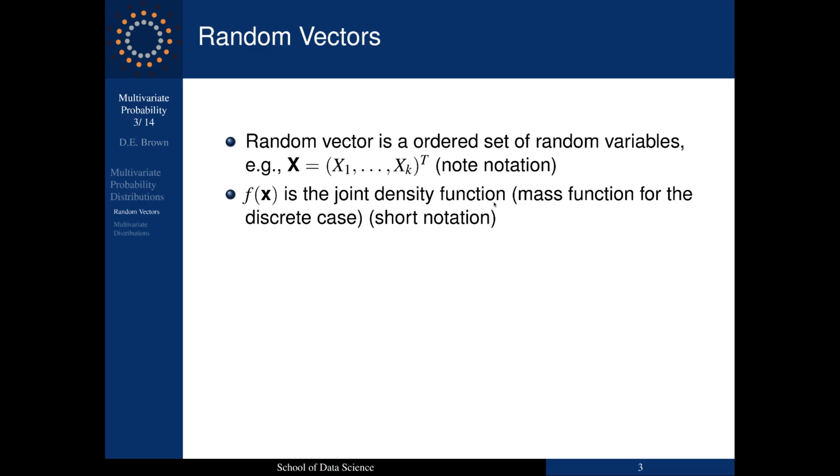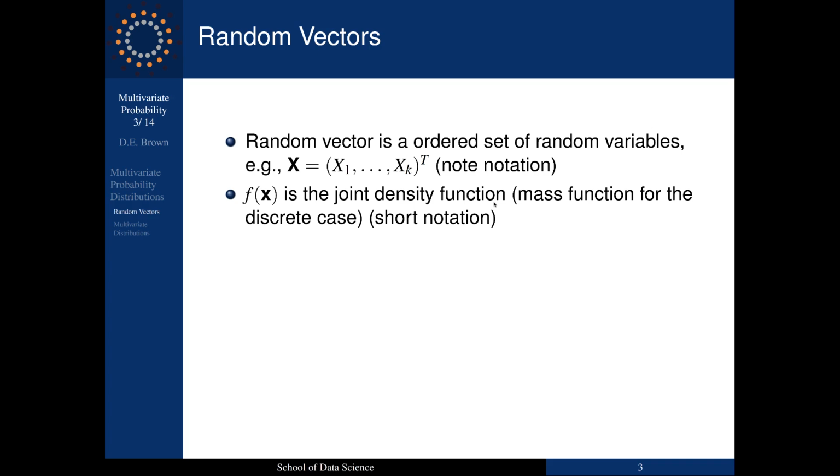So we use functional notation to represent the density functions and mass functions for random vectors, just like we did for random variables. But in this case, of course, we have a bold letter. This is a lowercase x, which represents the value of the random vector. So this again is a vector that's representing the value taken on by that particular random vector.